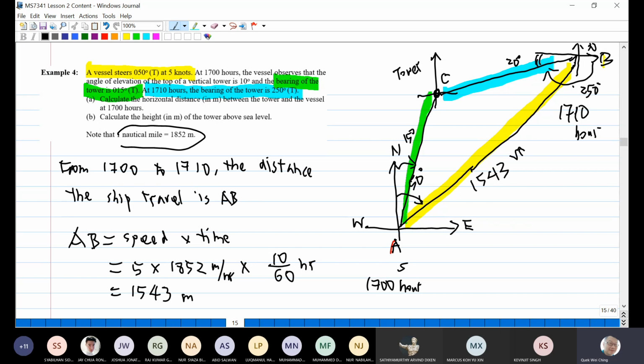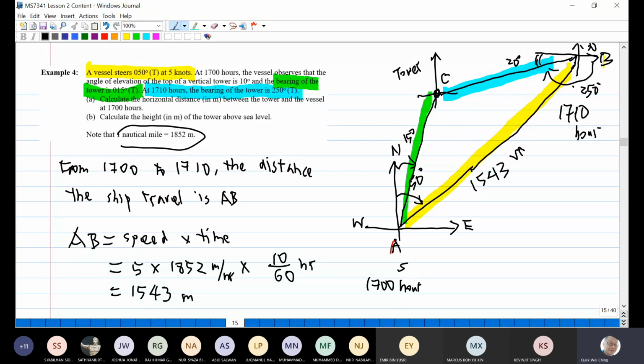A student asks: how do you decide that at bearing 250 you call it B? How would I know whether it's B or C? It doesn't matter, it's just giving a name. I must give a name to the triangle so that I can use it later.